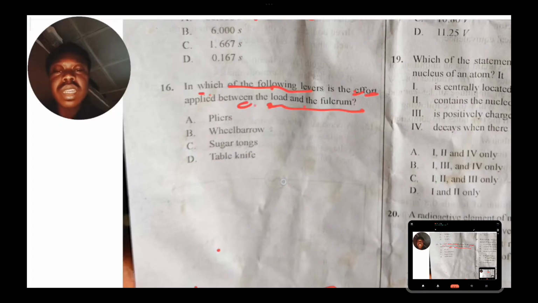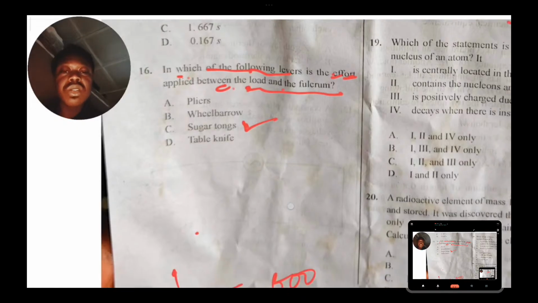This has to do with SS1 work under machine. If you have not read machine, please try to do so, because it will help you out. This has to do with the third class lever, because the effort between fulcrum and load has to do with the third class lever.